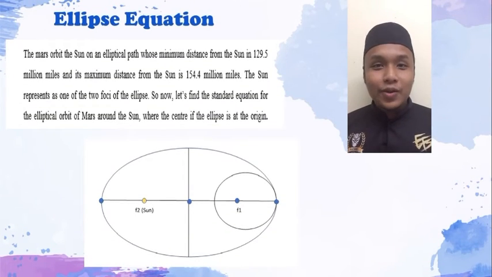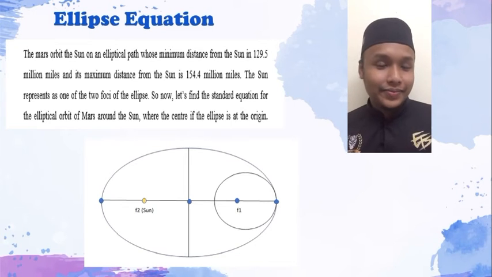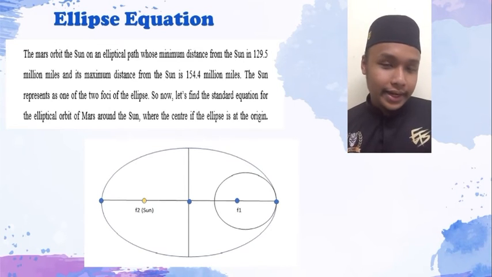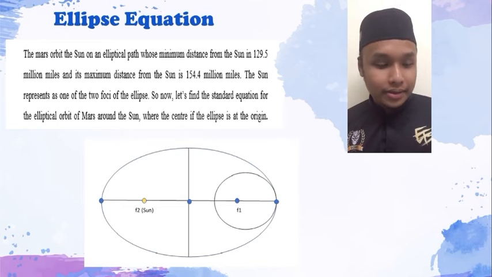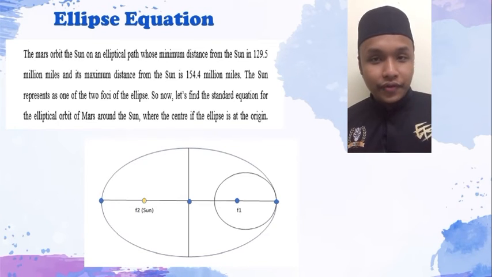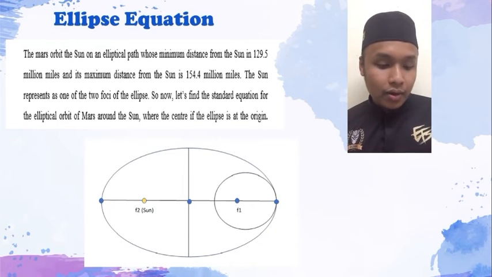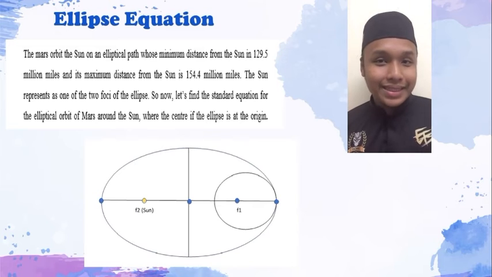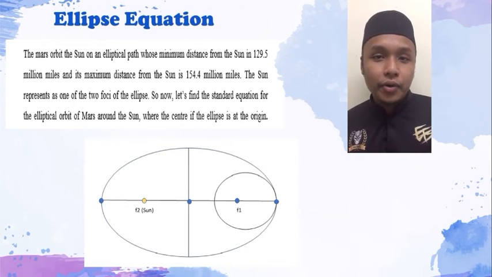For the ellipse equation, example 1: Mars orbits the Sun on an elliptical path whose minimum distance from the Sun is 129.5 million miles and its maximum distance from the Sun is 154.5 million miles.